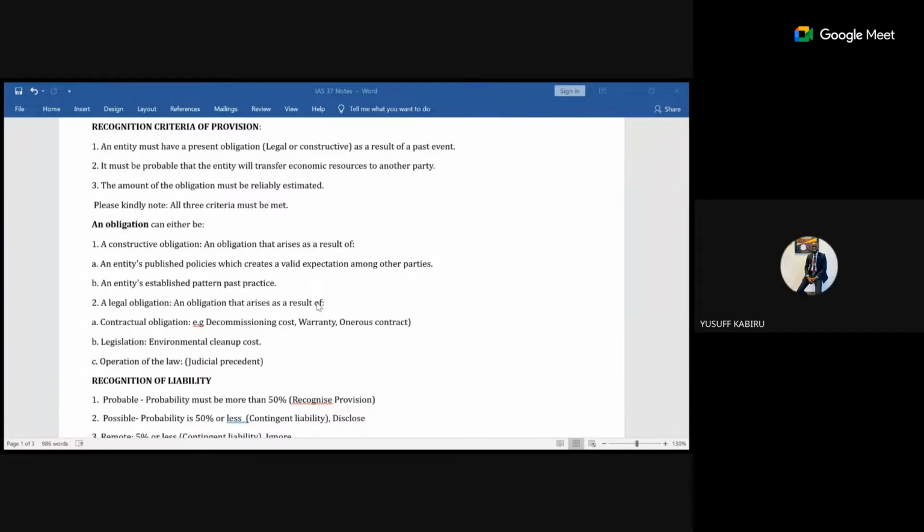Let me put it in that short way: it is an obligation that does not arise as a result of legal circumstances. Constructive obligation, number one, arises as a result of an entity's published policies, which create a valid expectation among other parties.